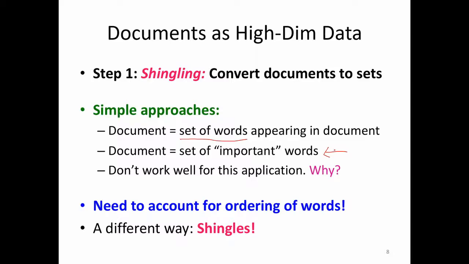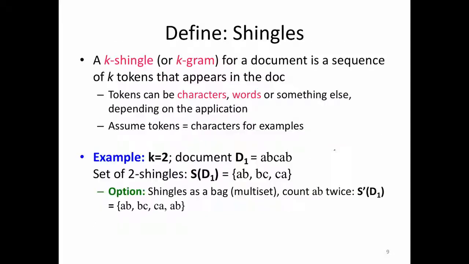So the different, simple way is to use what are called shingles. A k-shingle or a k-gram for a document is a sequence of k tokens. Tokens can be, for example, characters. If your document is encoded in Unicode, these are like 2-byte characters.